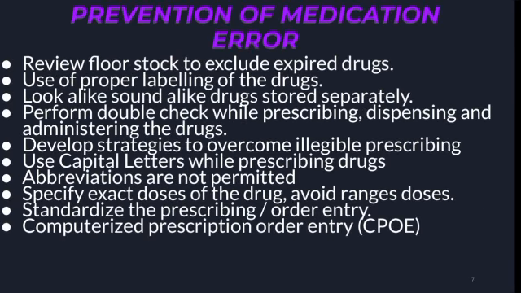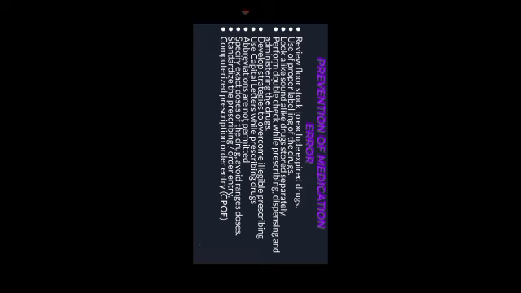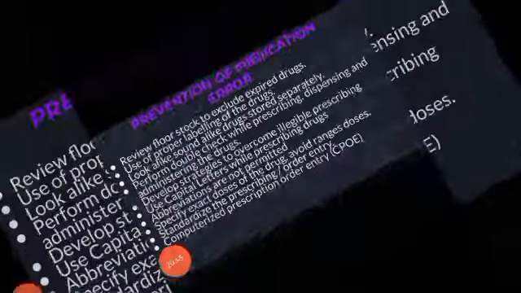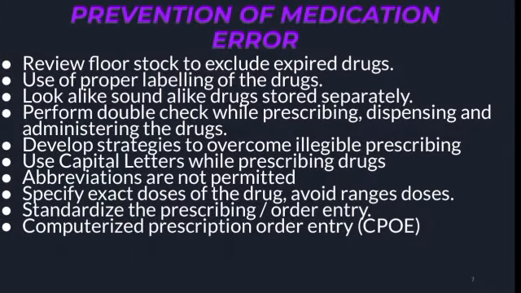Next, how to prevent a medication error. First of all, review the floor stock to exclude expired drugs. Always check the floor stock, once or twice a month, and exclude all the expired drugs, so that dispensing expired drugs will be prevented.